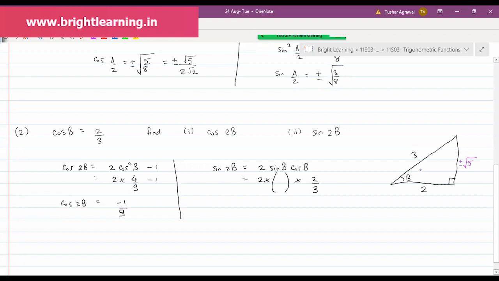Accordingly sine will be positive or negative, but the magnitude will be plus minus root 5 upon 3. I don't know the sign, that will depend on the actual value of b. So the answer becomes 4 root 5 upon 9, positive or negative.